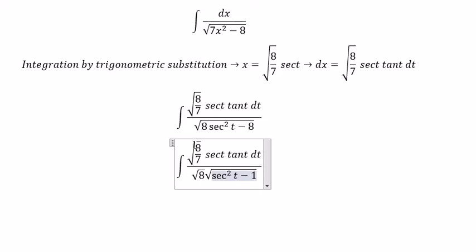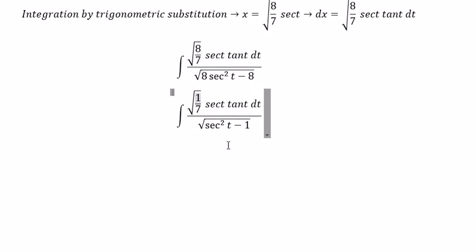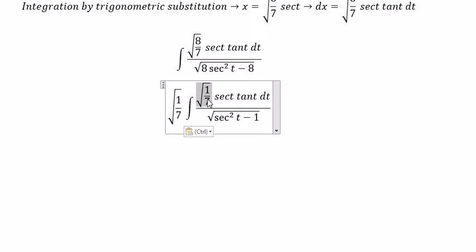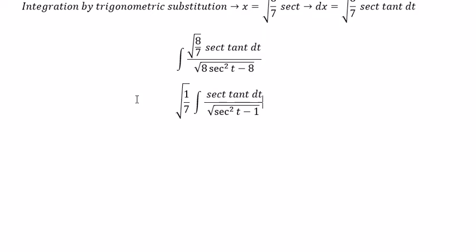We have the square root of 8 and square root of 8, we simplify. We put this one in here. Next, we have secant of t squared minus 1 equal to tan t squared.